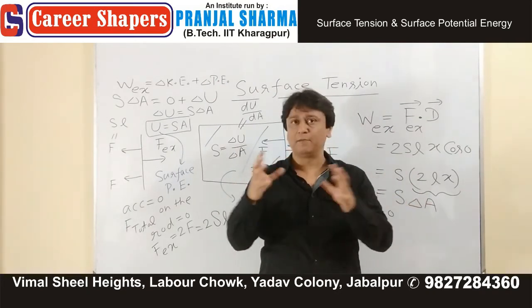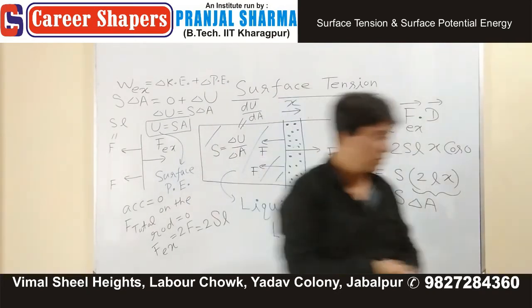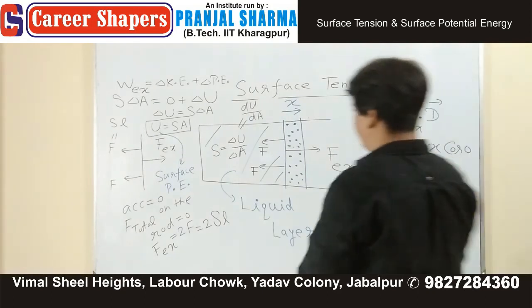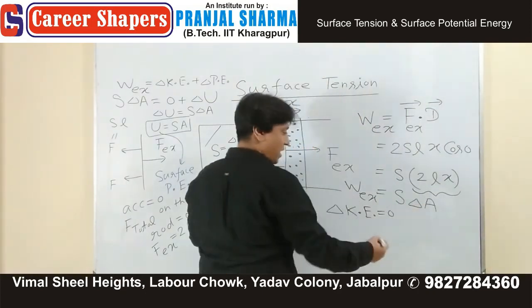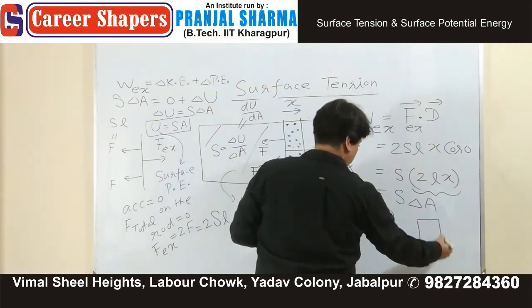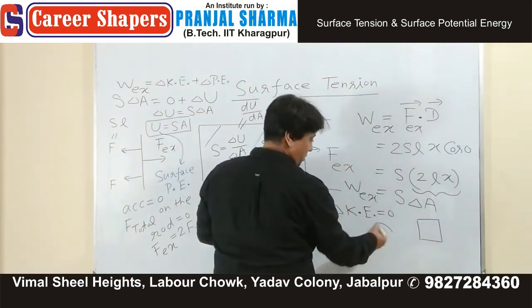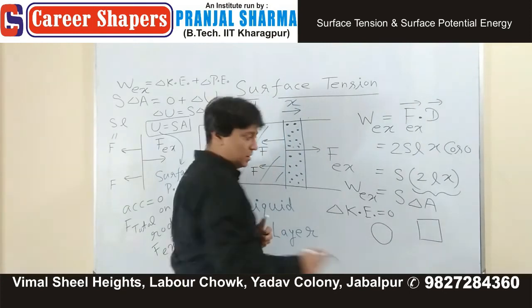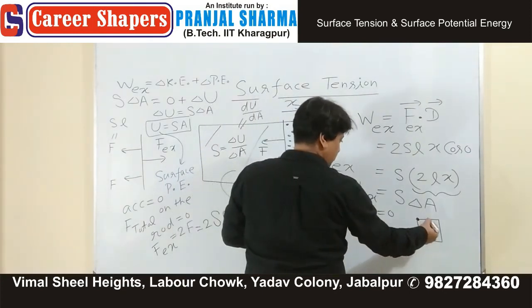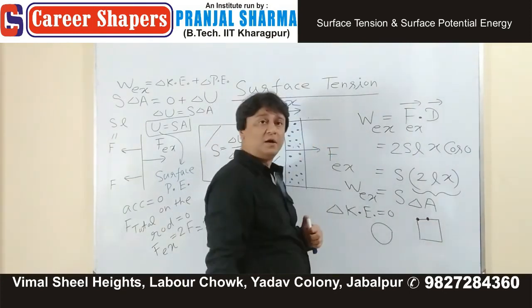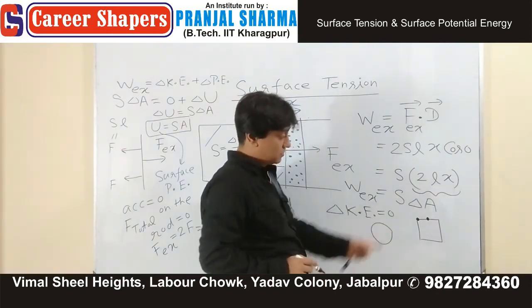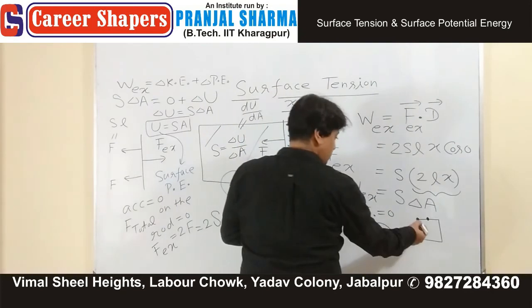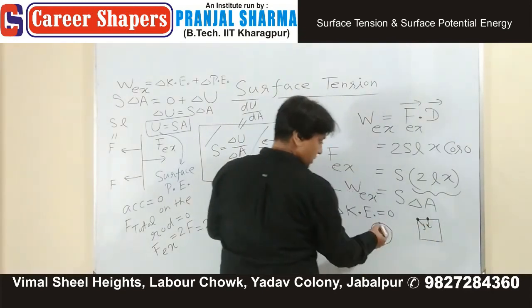So if you give them a corner, if you try to keep everything in the form of a cube or in the form of a sphere, this molecule and this molecule are under different conditions. If you keep them in the shape of a cube, these are being pulled inwards, and all these are being pulled inwards.